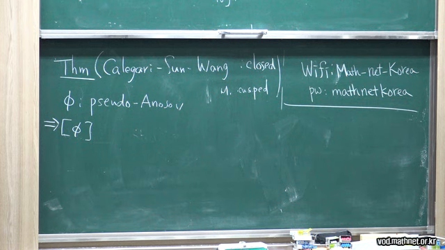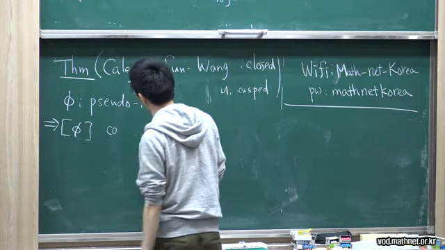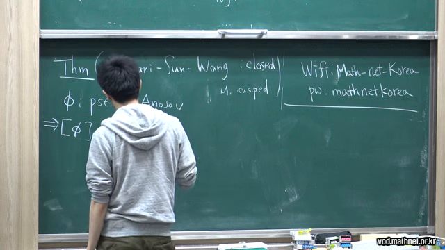Then each commensurability class is an ordered set by the order defined by the covering. So we can think about the minimal element with respect to this order. And the theorem says that we always get a unique minimal element.